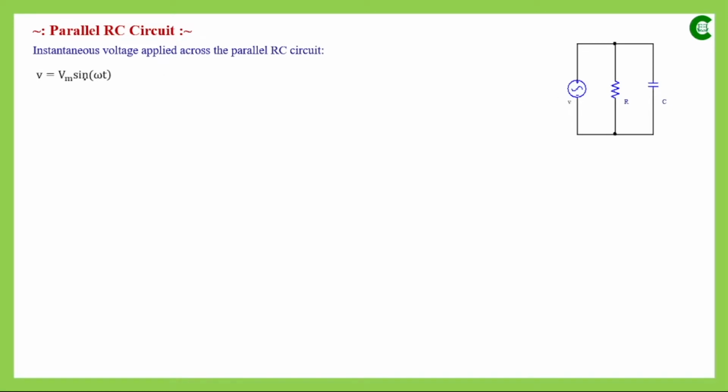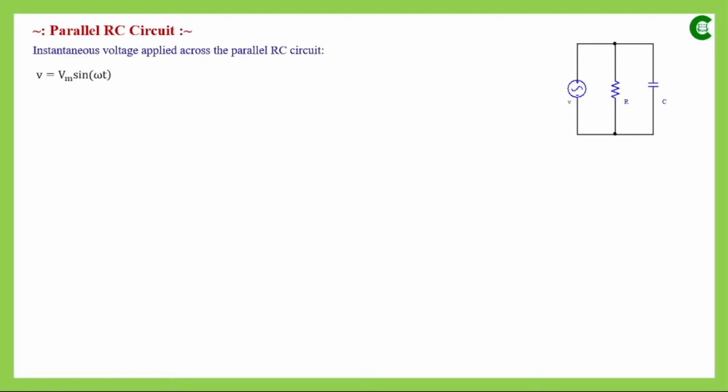If we assume the applied voltage as Vm sin omega t, since V is the common parameter between resistor and capacitor, we are taking the voltage as a reference. So the phase angle will be 0 degree. This is the instantaneous voltage applied across the parallel RC circuit.